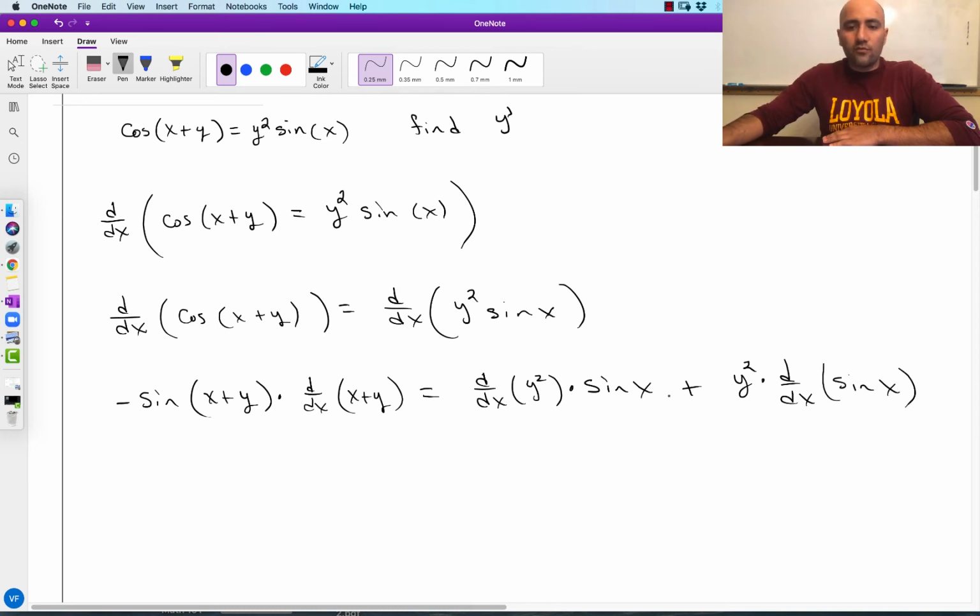Good, so we have a little product rule we have to deal with there.